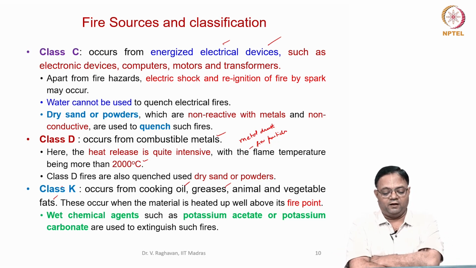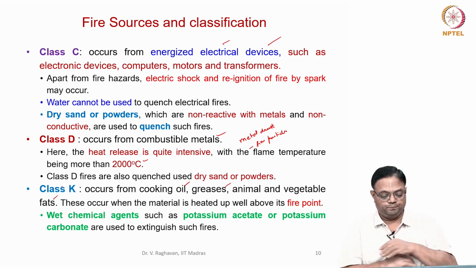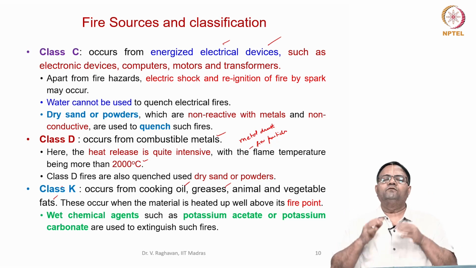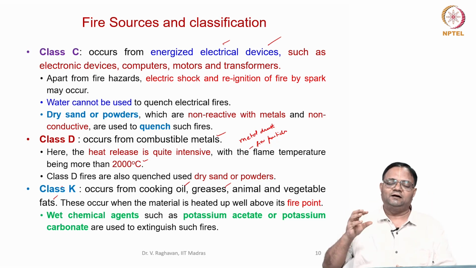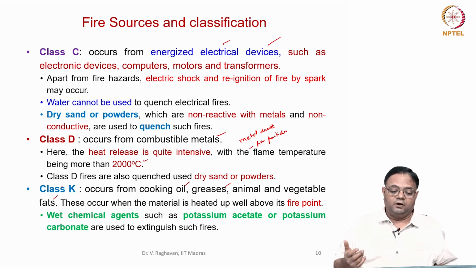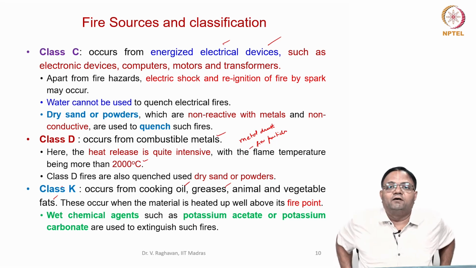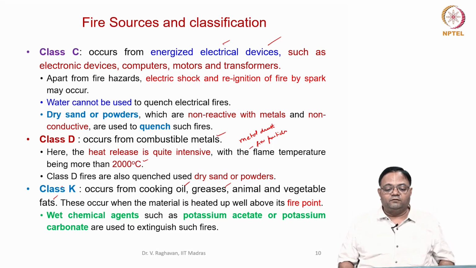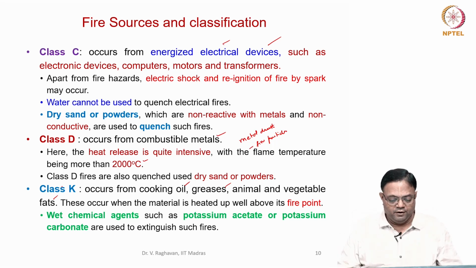Then class K is basically cooking oil, greases, animal and vegetable fats. For each of these classes, the hazard level is also higher. For example, combustible metals and energized electrical devices are very hazardous, because there are a lot of other phenomena which occur simultaneously.